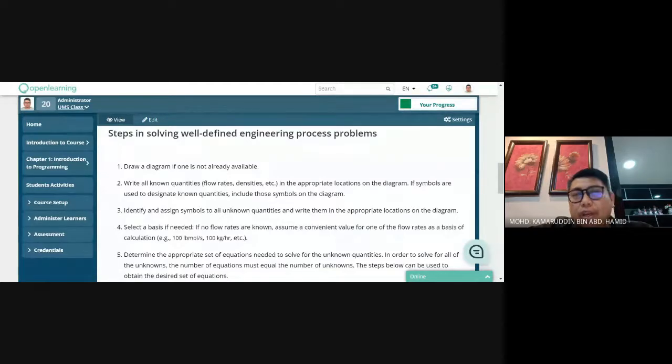For example, the molar volume of this component is a function of temperature and pressure. So that becomes a variable. Molar volume becomes a variable because it's a function of these two variables, temperature and pressure. Okay, so density or a parameter becomes a variable if it's a function of variables.